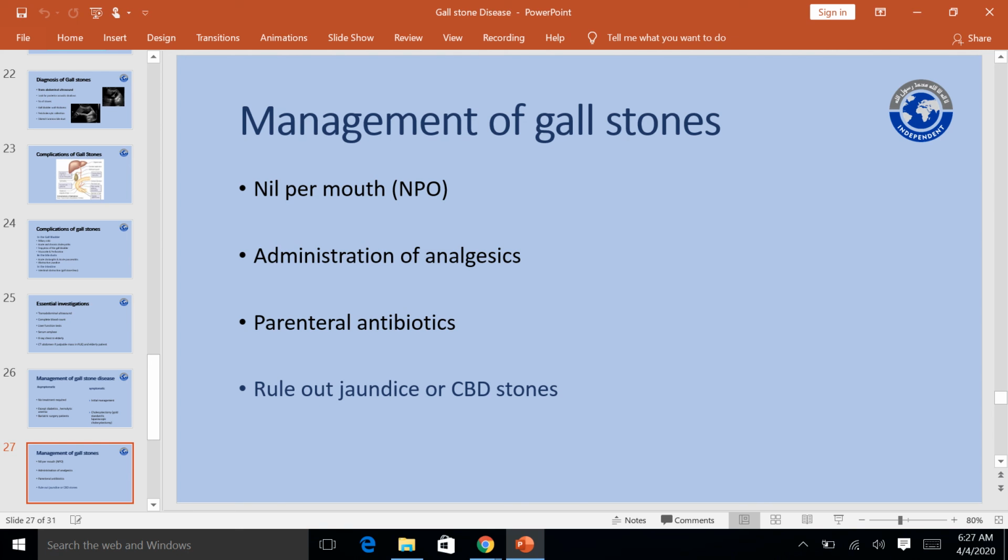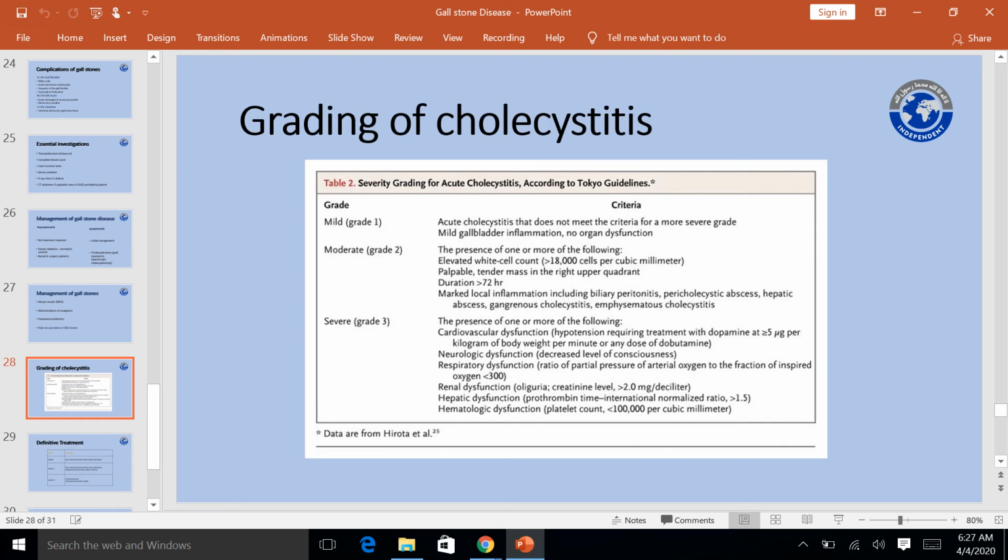Initial management includes making the patient nil per mouth, to give rest to the gallbladder. Parenteral analgesia and parenteral antibiotics are given, and jaundice is ruled out by doing investigations. Cholecystitis is graded in three grades, 1, 2, and 3. Grade 1 is simple, there is only pain, raised white cell count, and fever.